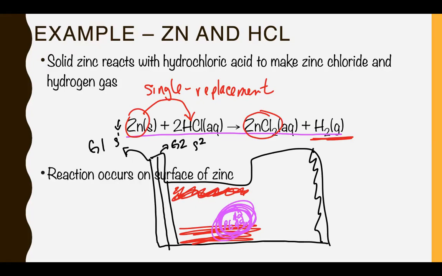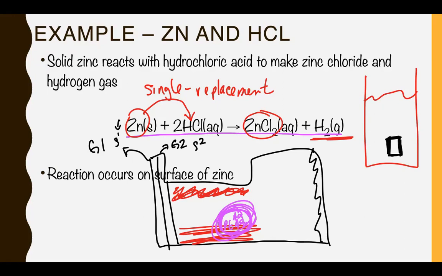All right, so this reaction, of course, is going to occur on the surface of the zinc, because let's say that's my hydrochloric acid solution, and here is my chunk of zinc. Remember I said a couple of slides ago, the reaction occurs only where the two phases come into contact. That's going to be at the surface here.